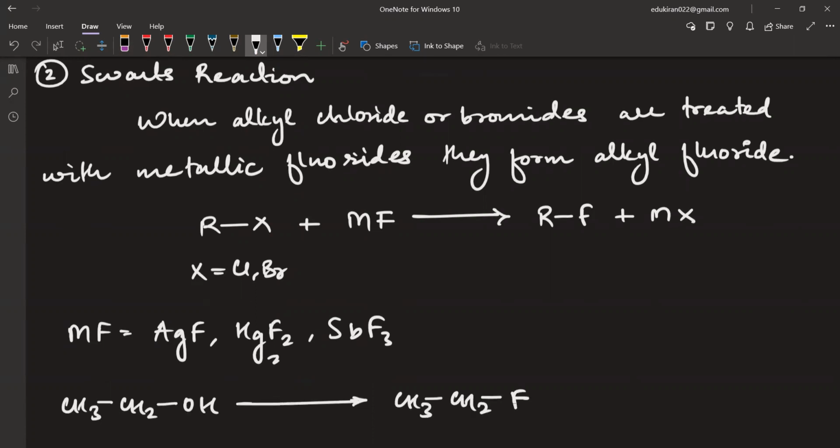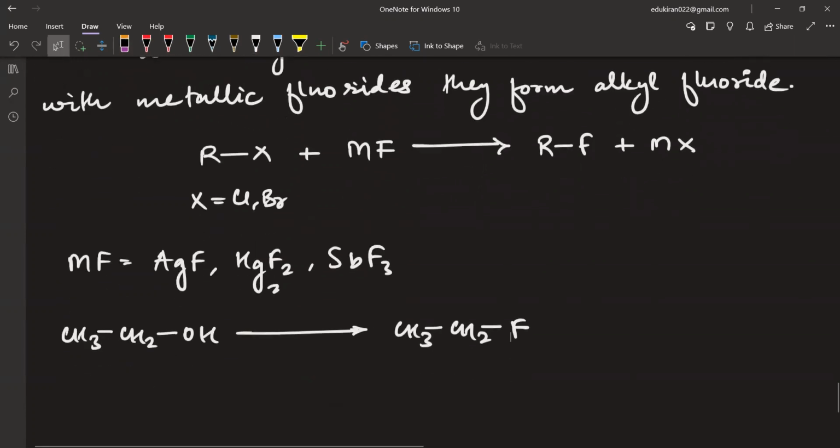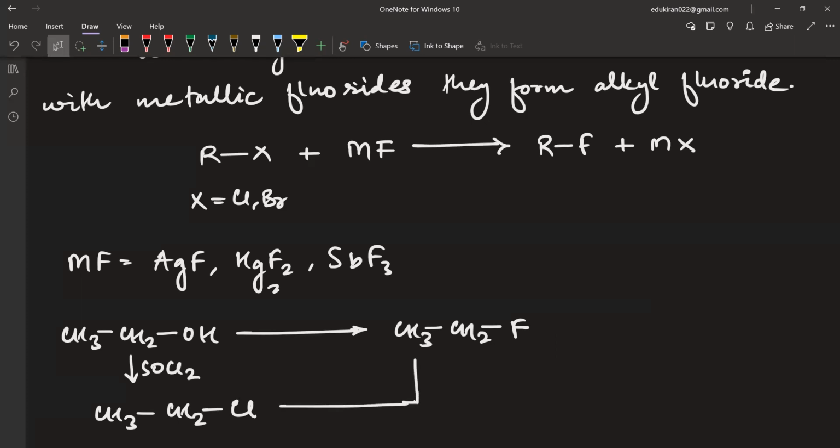So the first reagent you will be using is SOCl2. When you use SOCl2, what will happen? You will be forming CH3CH2Cl, and after that, we will be using AgF.